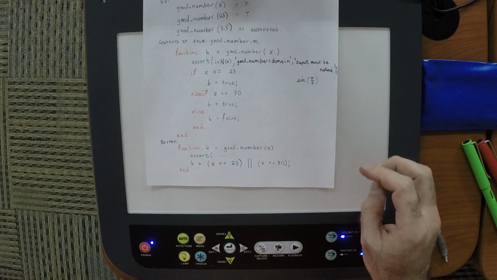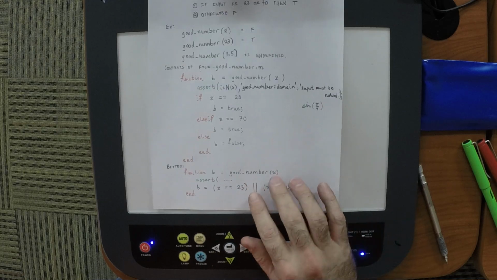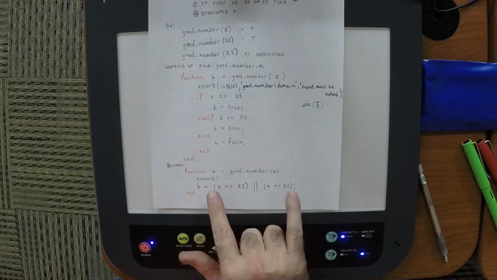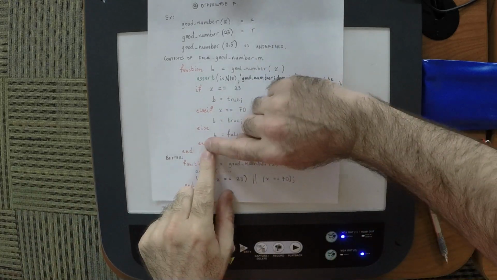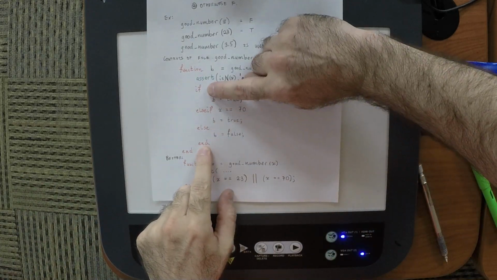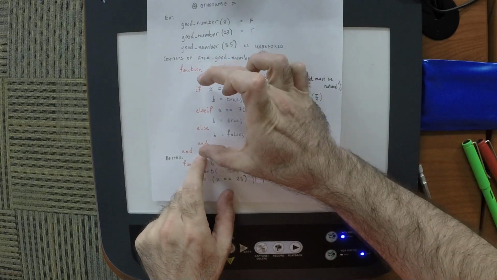Yes? Why didn't you have to write end twice? I'm sorry, where? The function that you just wrote. Because in the one before you wrote end twice. Because this end corresponds to that if. Oh, okay. There, you can see that because they're vertically aligned.